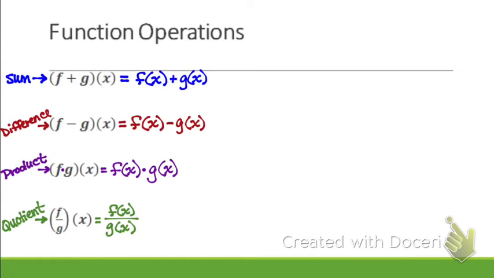When we start doing operations with functions, we have to watch out for our domain, acceptable things that we're allowed to use for x. Adding, subtracting, and multiplying, all three of these will have the same domain. And we'll talk about how to find those domains, but these three will all have the same domain.